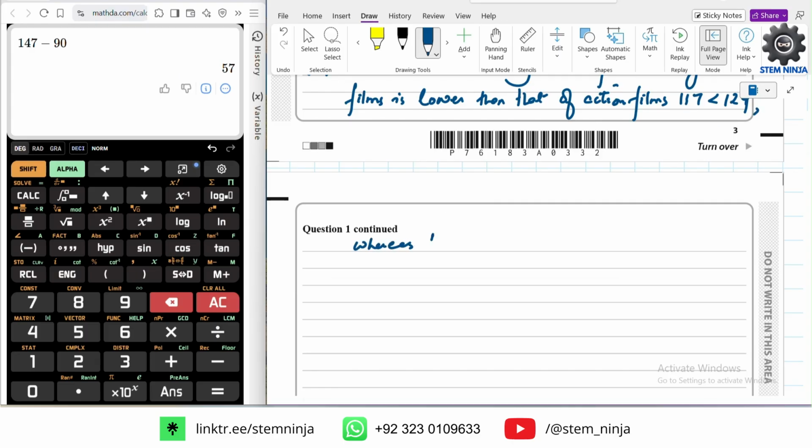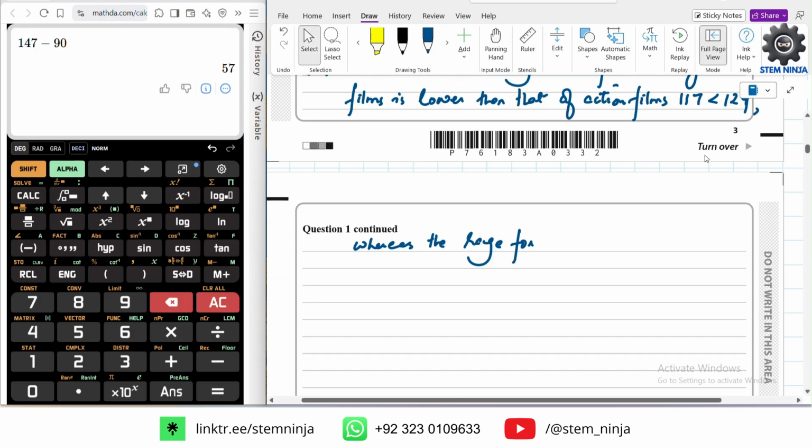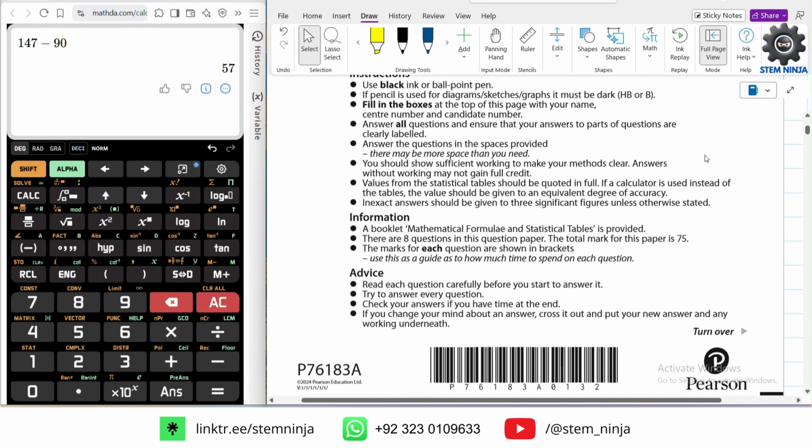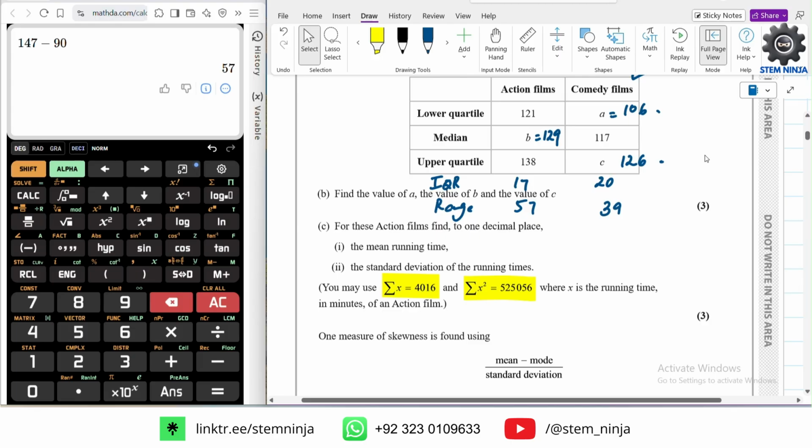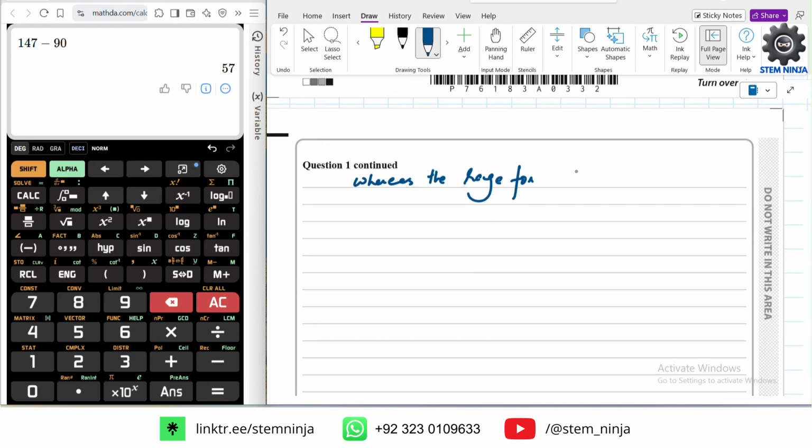Whereas the range for, come on man, I just need 57 and 39. Range for running times of action films is greater. 57 greater than 39.